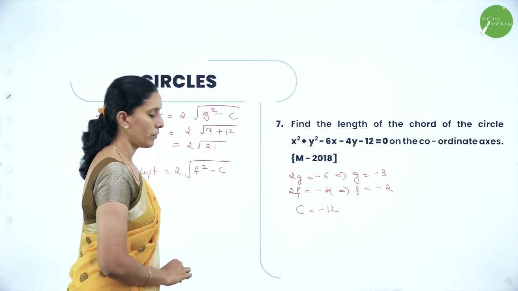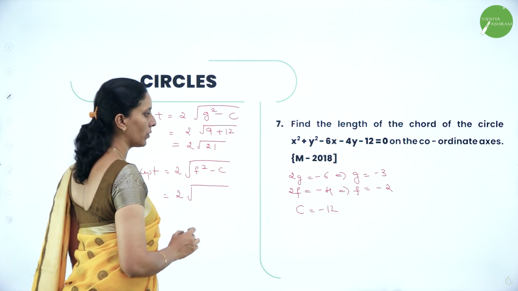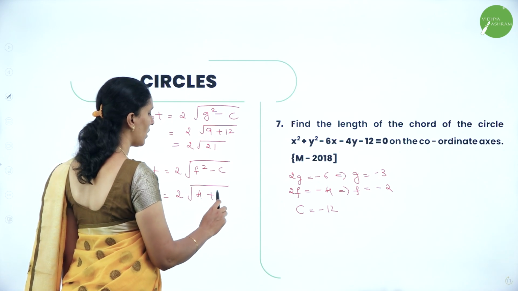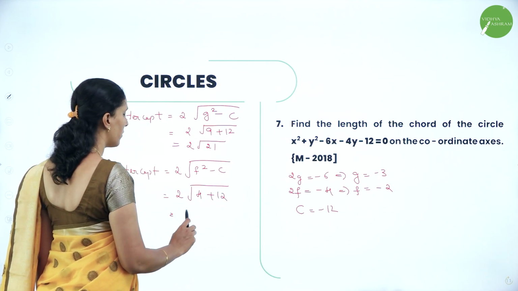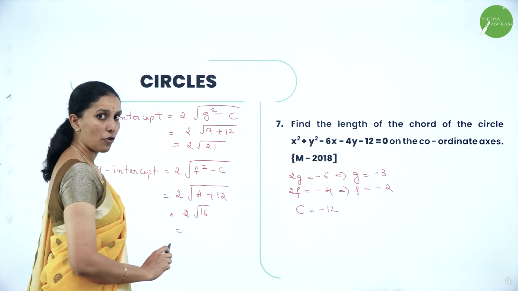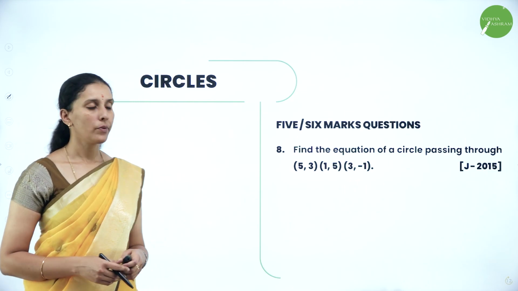So 2 root 21. And here we have 2 square root of f square, that is (-2) whole square 4, minus of minus 12, plus 12, which becomes 2 root 16. So root 16 is 4, 2 4s are 8.